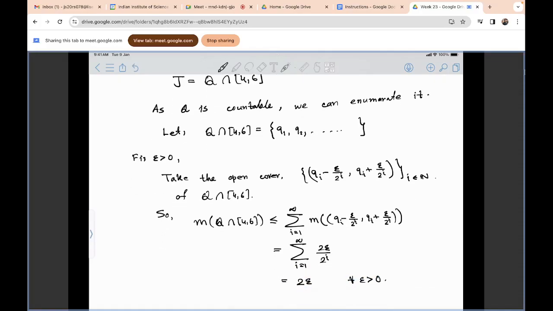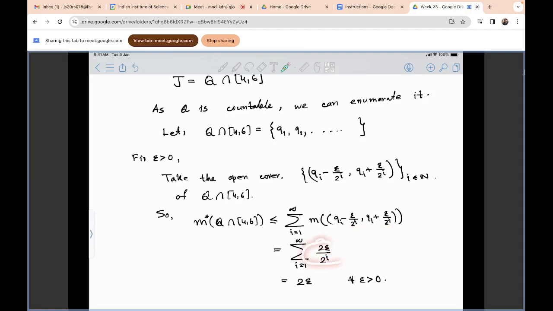Therefore the outer measure of that set is less than or equal to, by subadditivity of outer measure, the sum of the lengths of these open intervals. What is the length of each open interval? It's 2 epsilon by 2 to the power i.